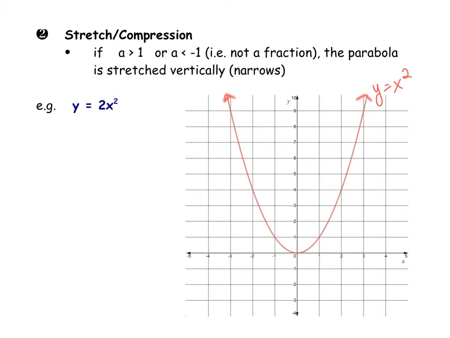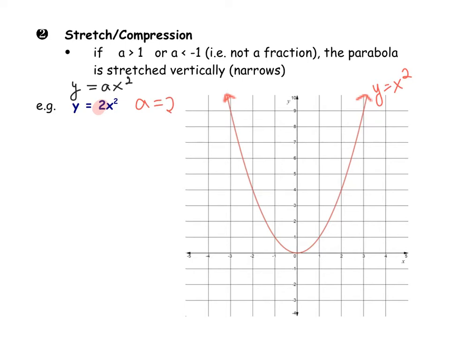And so if I look at the function that I want to graph, which in this case is y equals 2x squared, I can see that if I look at my standard formula for a quadratic, y equals ax squared is what I'm looking at so far, then I can see very clearly that the value of a is 2.